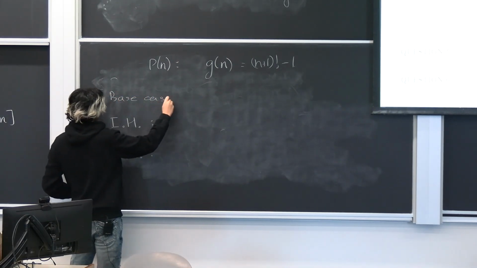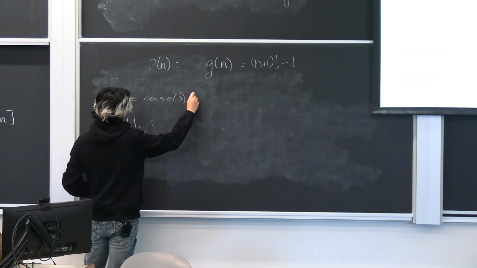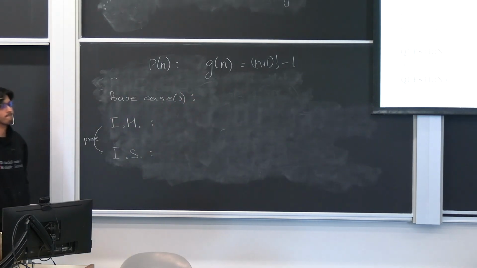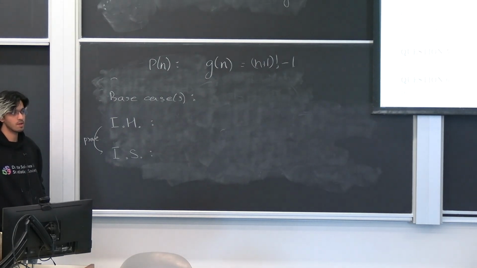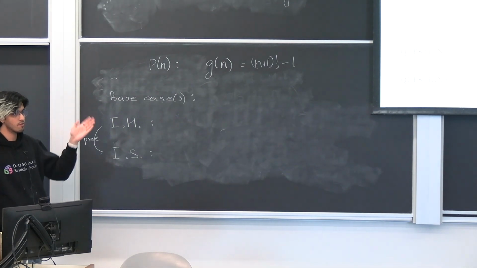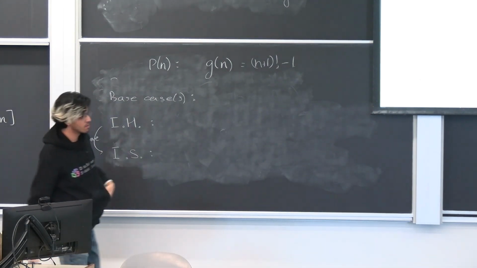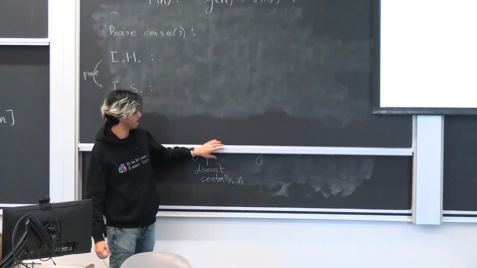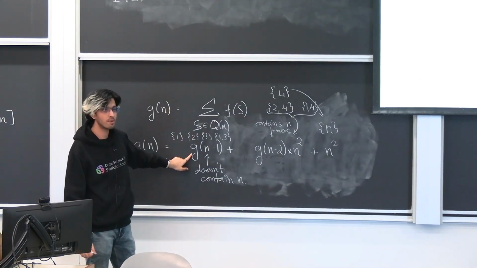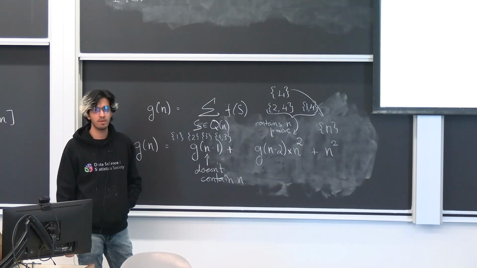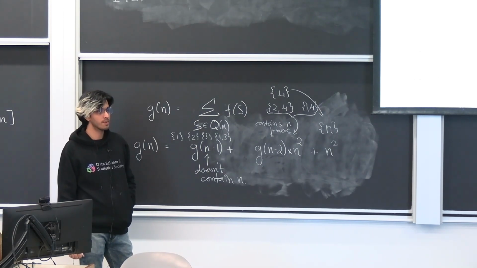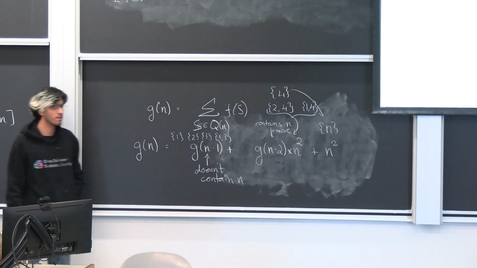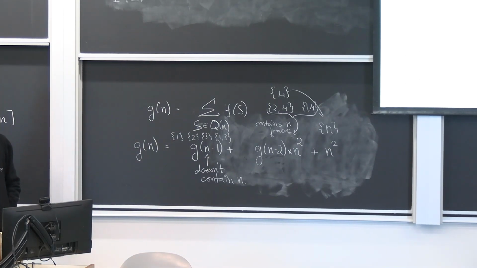So how many base cases do we need? Are we just using g of n minus 1? How many values are we using in our relationship? The value of g of n depends on what?